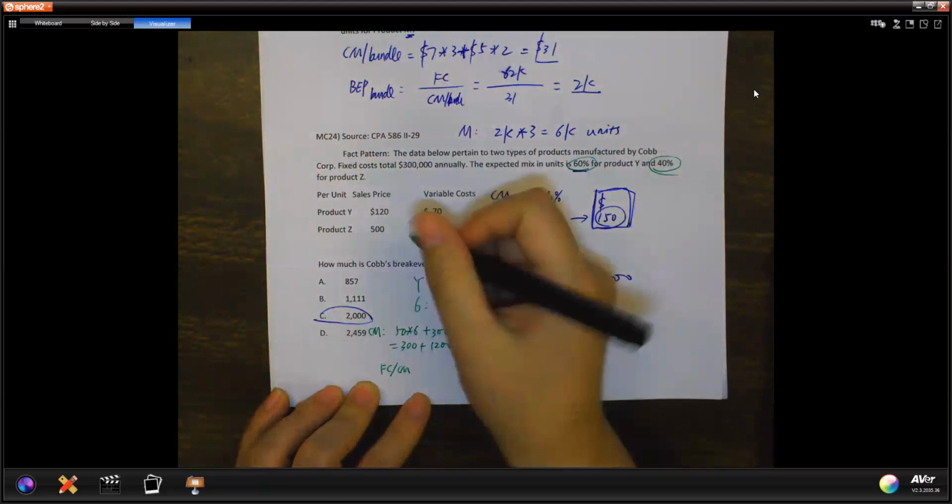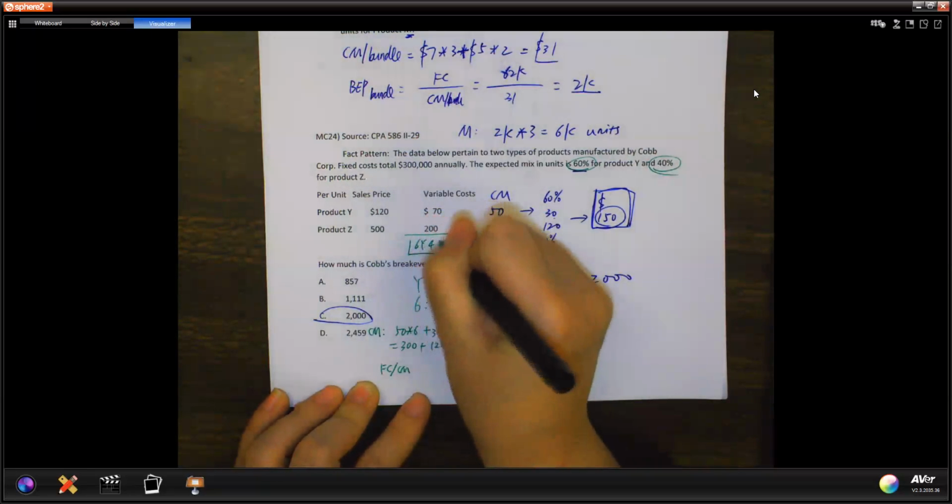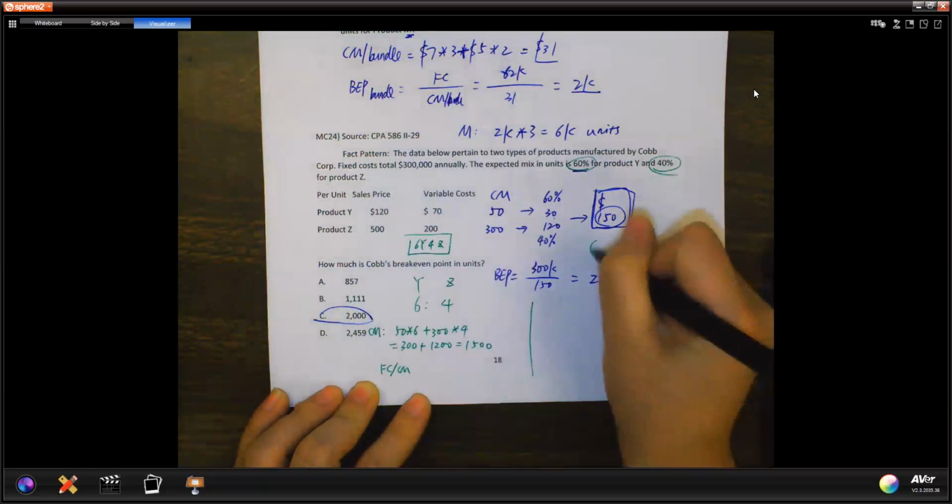So we assume the bundle has 6Y and 4Z, whereas in the other approach we assume one unit is 60% Y and 40% Z.